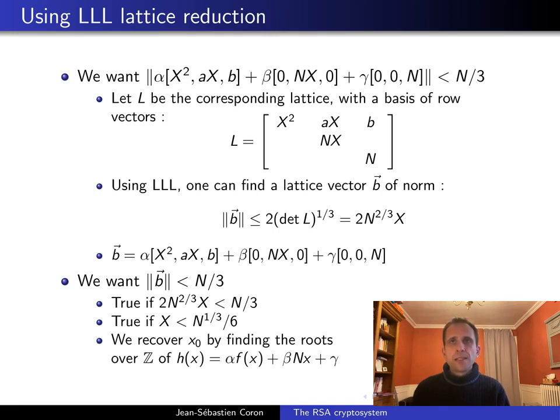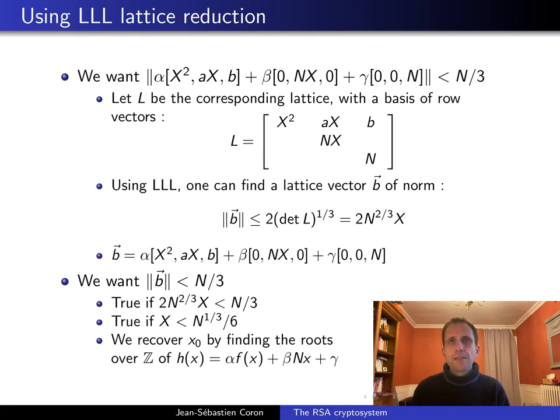So the determinant is actually n squared times x to 3, and so this inequality implies that we are guaranteed with LLL to find efficiently, in polynomial time, a vector B where the norm of B is less than 2 times n to 2/3 times x.